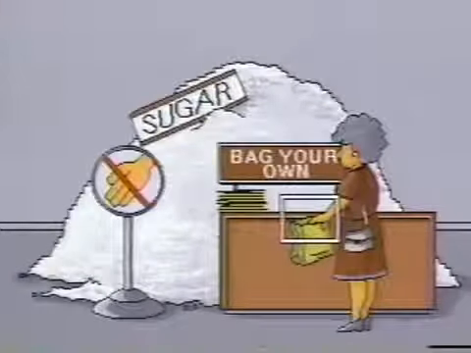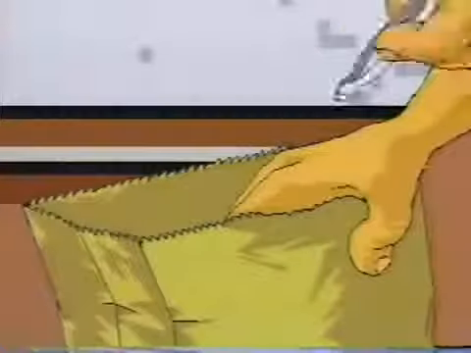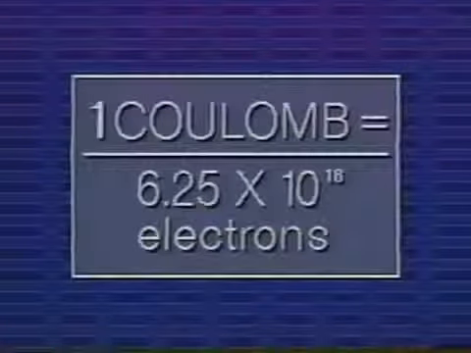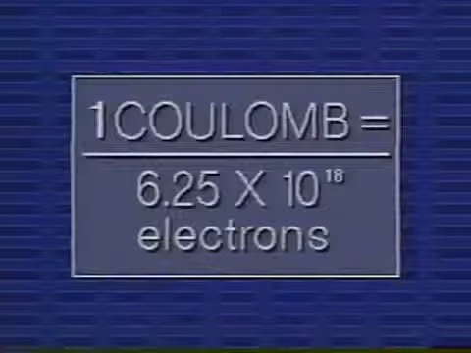Counting electrons would be as ridiculous as trying to buy sugar by the grain. For this reason, instead of considering individual electrons, we consider groups of electrons, which we call coulombs. 1 coulomb is equal to a group containing 6.25 times 10 to the power of 18 electrons.